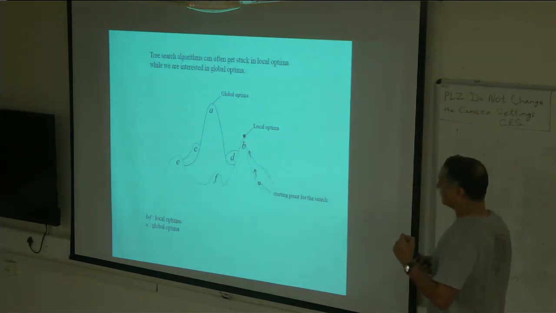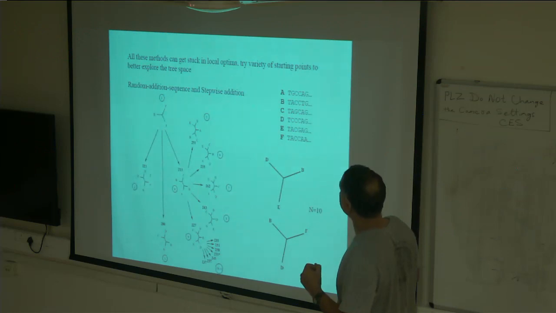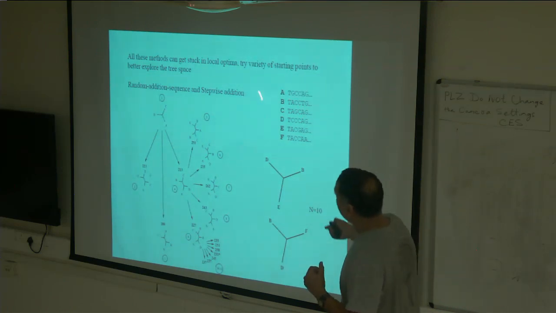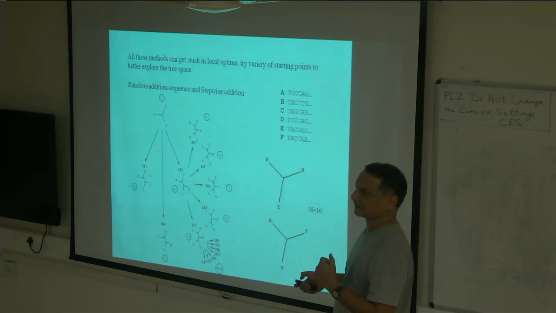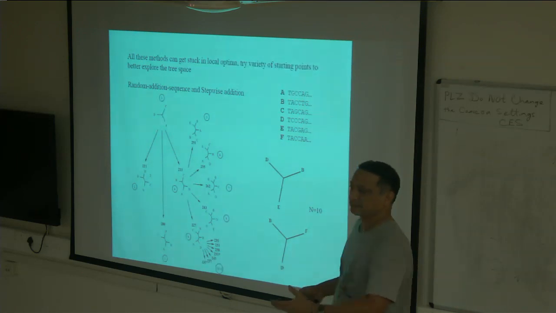So one other method that one can use is random addition of sequences, and then stepwise addition. And this you do 10 different times. Okay?